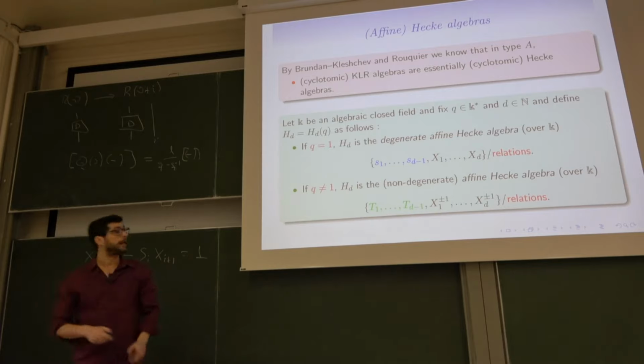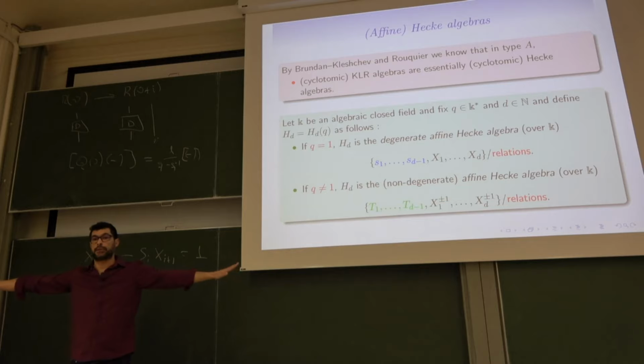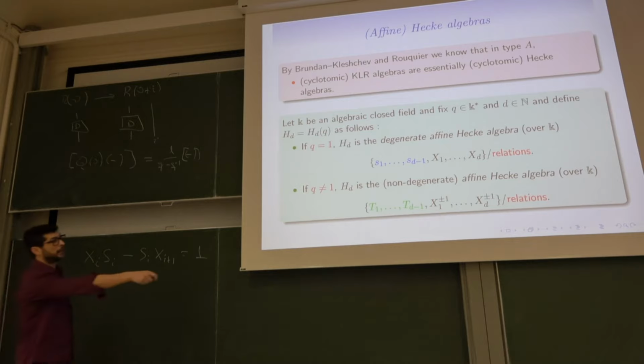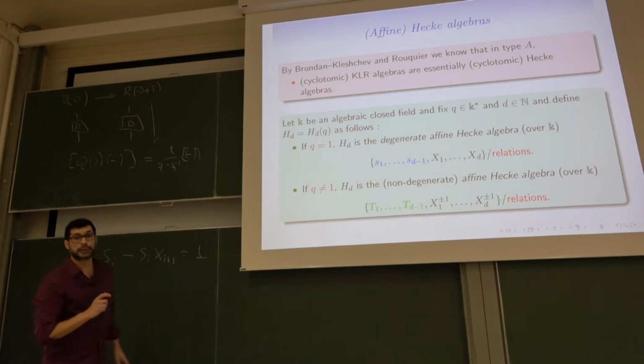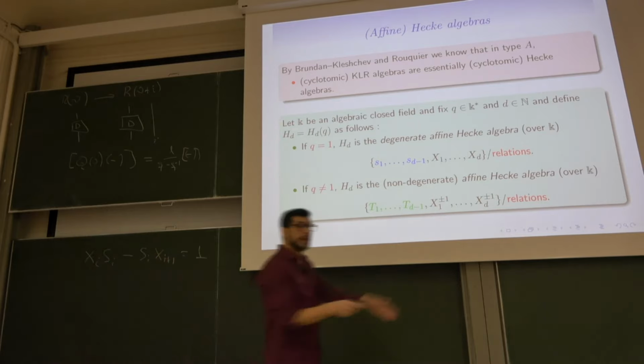Just let me stress that the degenerate affine Hecke algebra is not the affine Hecke algebra with q equals 1. These are two different algebras. They have nothing to do with each other, except if you do some appropriate quotients. The size is obviously different. I use q equals 1 and q equals minus 1 in order to use the same notation, so that at the end we're going to have only one statement.